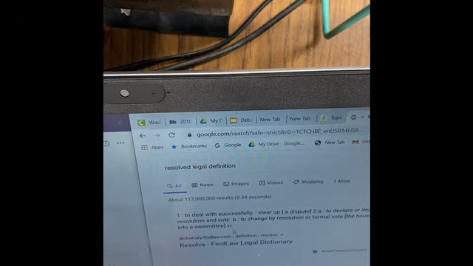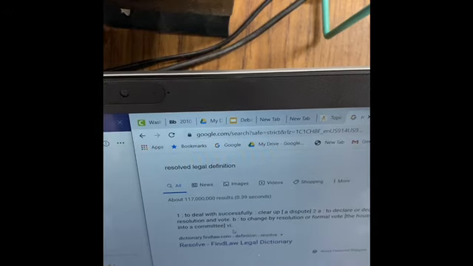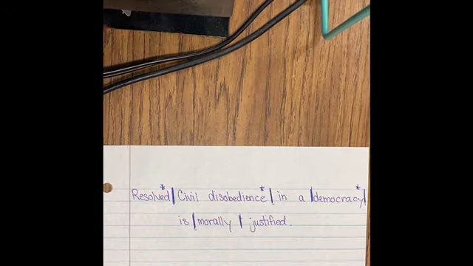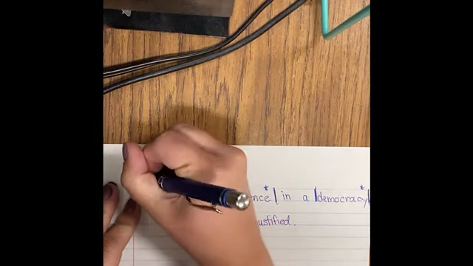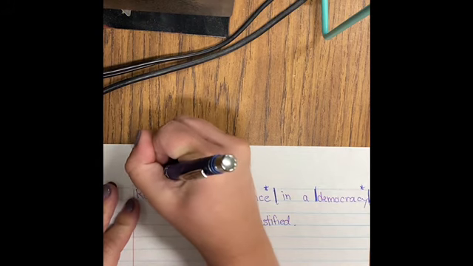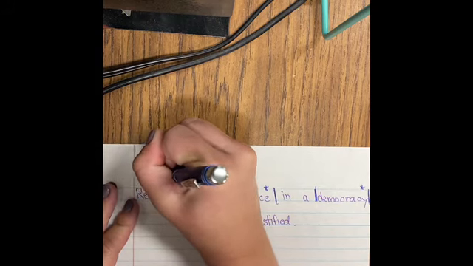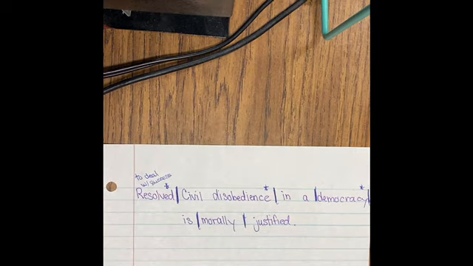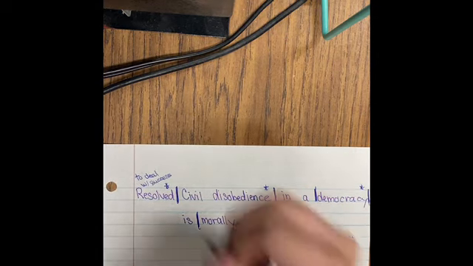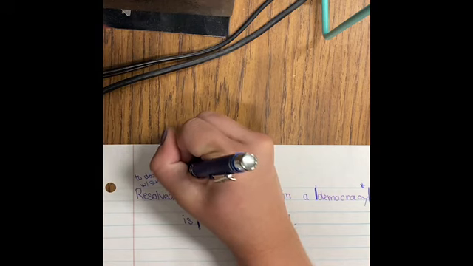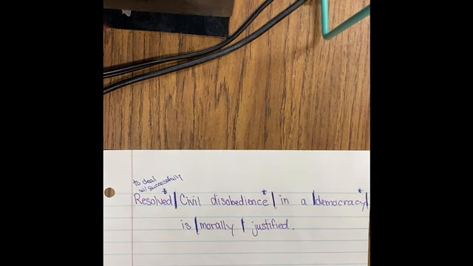We're actually going to just use the first definition, so to deal with successfully. So we're just going to write this right here in a different colored pen. To deal with successfully, which means that this is going to happen. If this is the resolution, this is what happens. Okay?